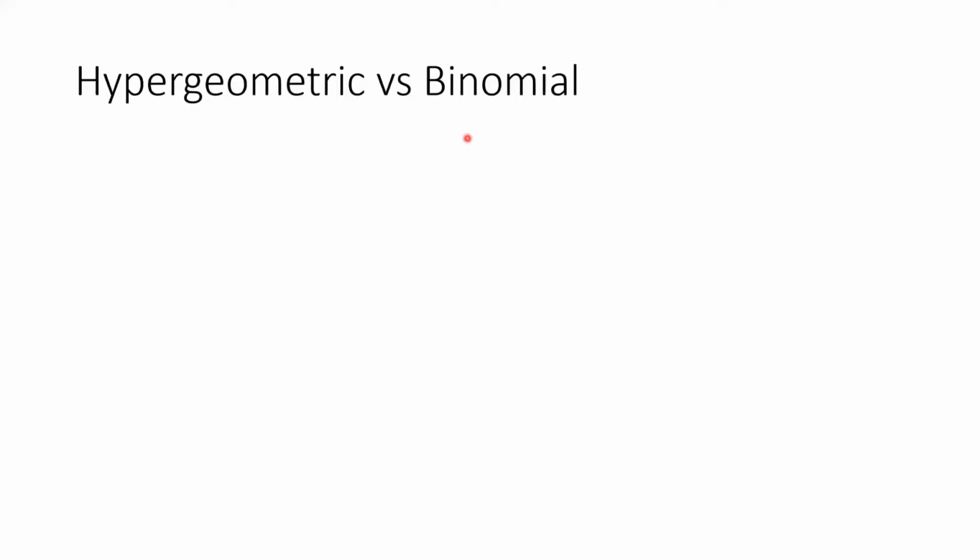I wanted to talk a little bit about the relationship between hypergeometric and binomial models. So for hypergeometric, you have capital N potatoes, and some G are good, B are bad, and you select little n potatoes, and K is the number of bad potatoes.